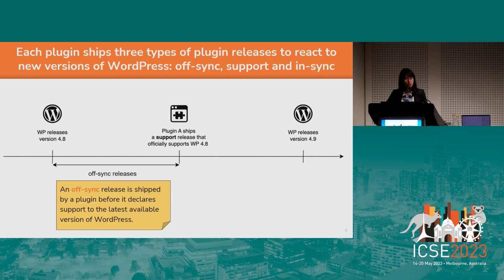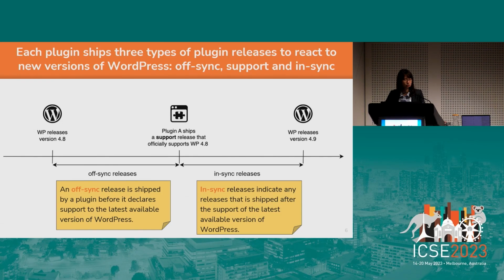So any releases between WordPress 4.8 and these support releases are off-sync releases, which means these releases do not officially support version 4.8. And any releases after the support release and before the next version 4.9 are in-sync releases.